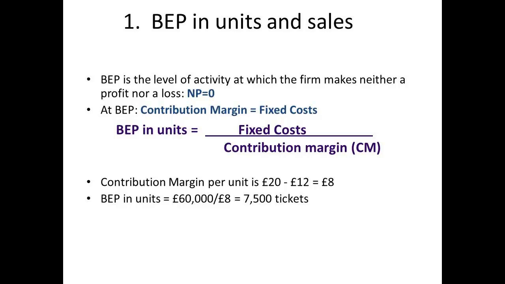Our break-even point in units we obtain by dividing fixed costs of £60,000 by the contribution margin of £8, which gives us 7,500 tickets. To express our break-even point as sales revenue, we need to sell 7,500 tickets, each of which sells for £20. So 7,500 multiplied by 20 gives us £150,000.